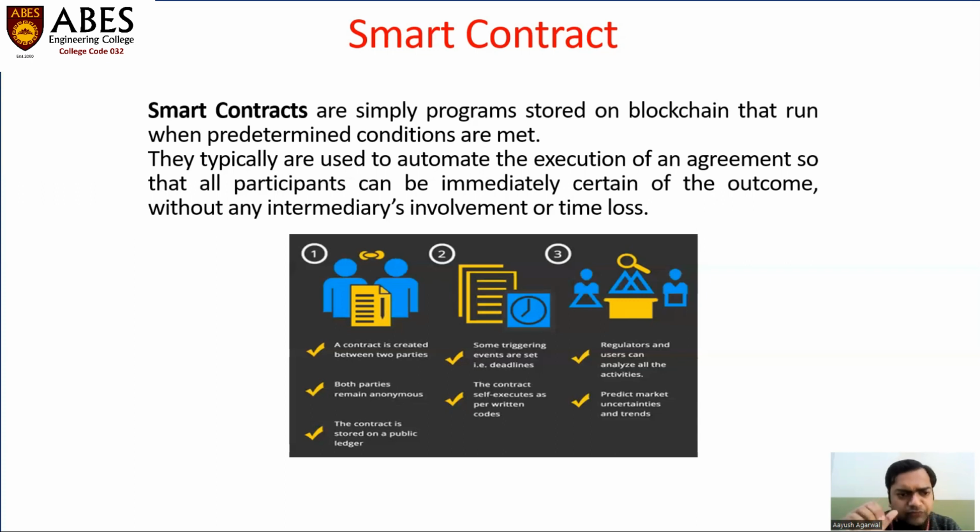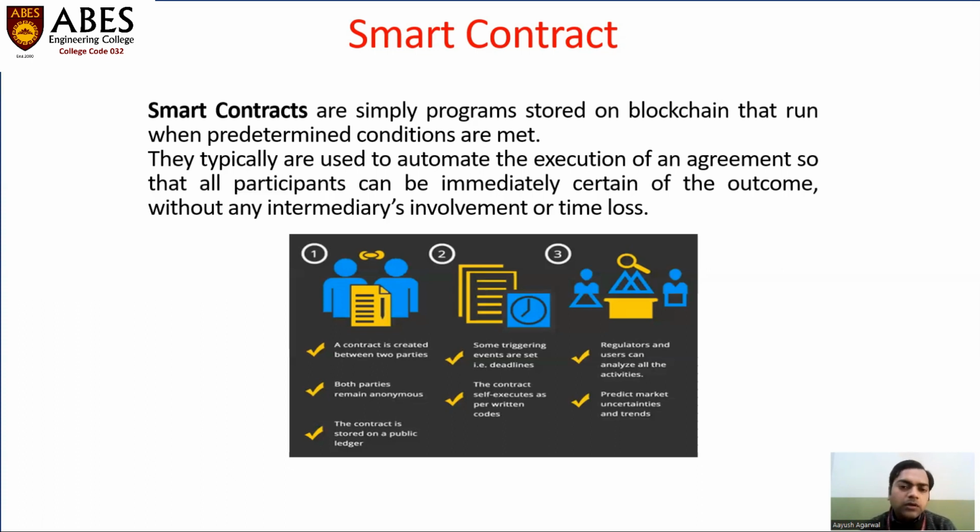Now, smart contracts make Ethereum very flexible, and distinguish this kind of blockchain from some other blockchains, right? Here we can also see that a contract is created between two or more parties. We will create a contract between different parties, and both the parties remain anonymous.